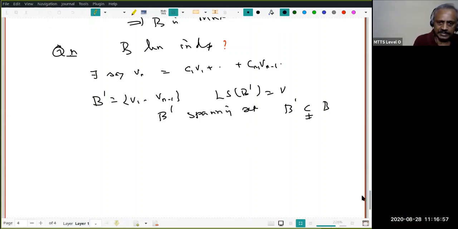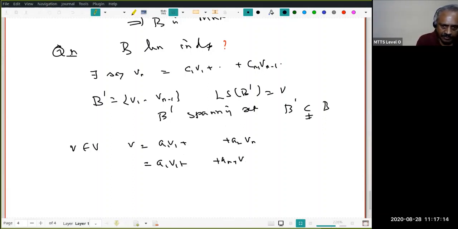That's very clear. Why? Start with any vector V in V. I know that V is of the form A1 V1 plus and so on plus An Vn, because B is a spanning set. But I can rewrite this as A1 V1 plus and so on plus An minus 1 Vn minus 1 plus An times Vn, and Vn is C1 V1 plus and so on plus Cn minus 1 Vn minus 1.